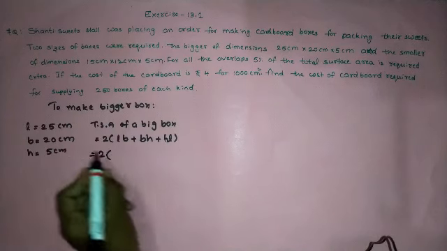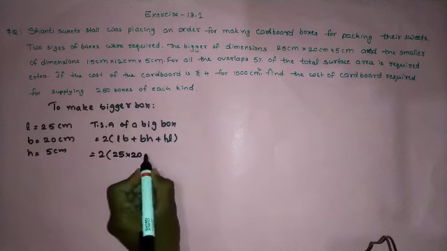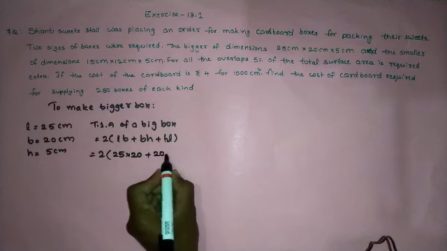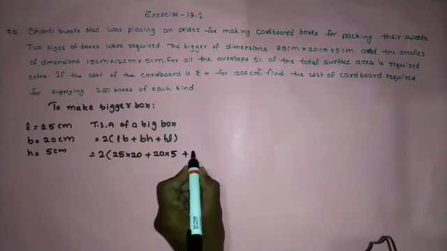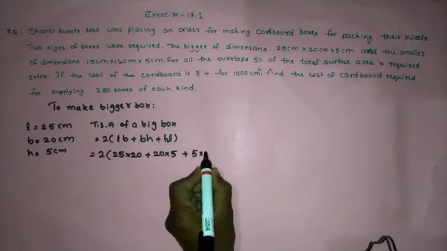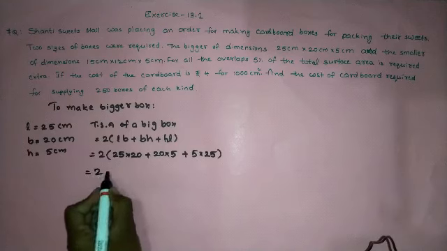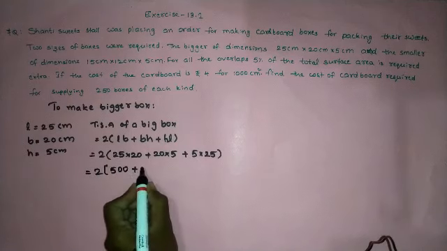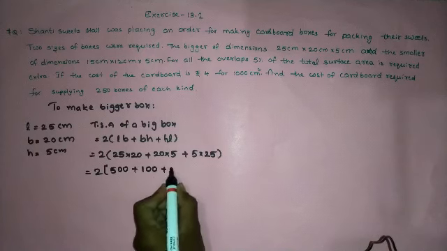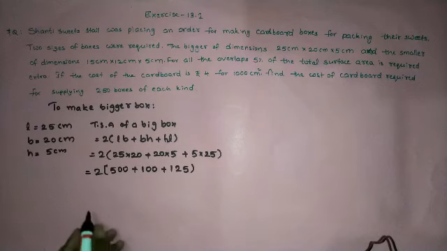2 into L, nothing but length 25, into B, nothing but breadth 20, plus B 20, height H 5 cm, plus H 5 cm, length 25 cm. Now 2 into 25 into 20, it is 500, plus 20 into 5, 100, plus 5 into 25, it is 125.